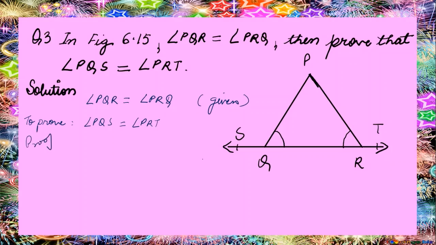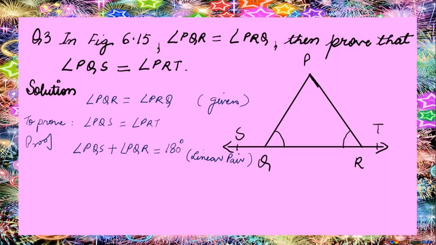Now, how will you proceed? You can say angle PQS plus angle PQR equals 180 degrees. Why? That is a linear pair.